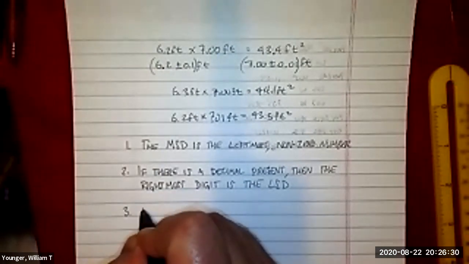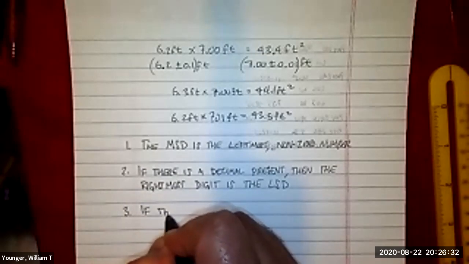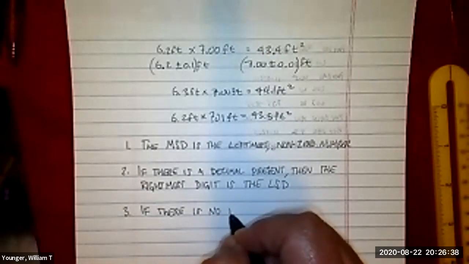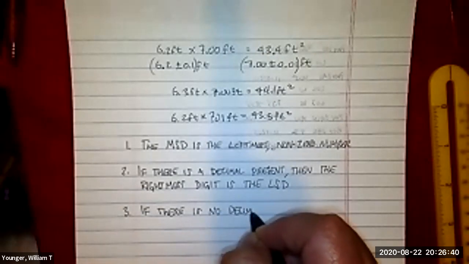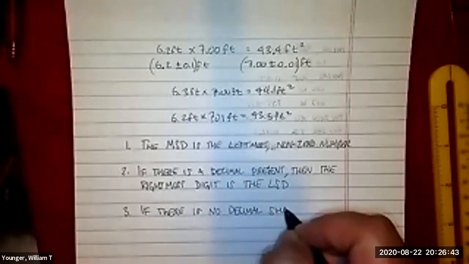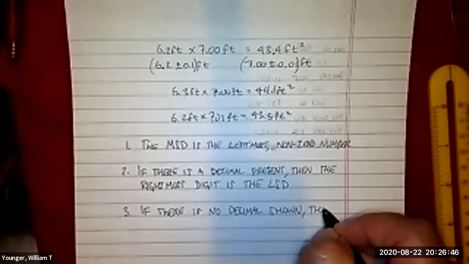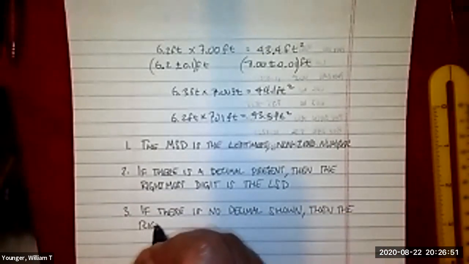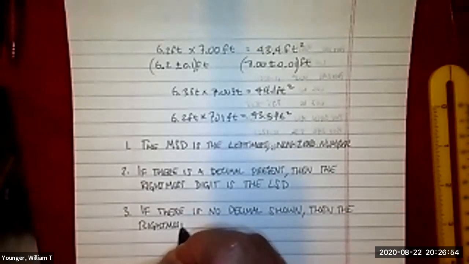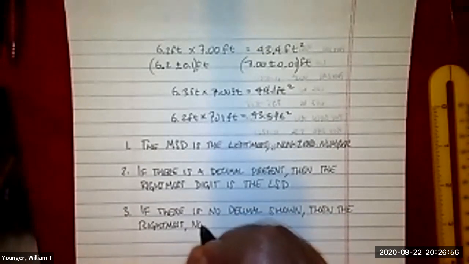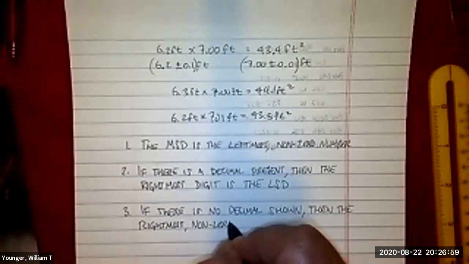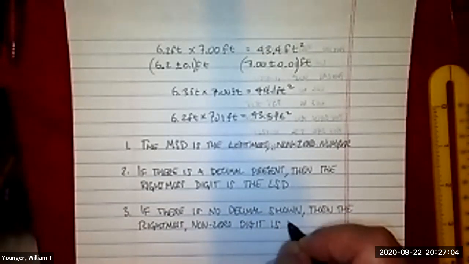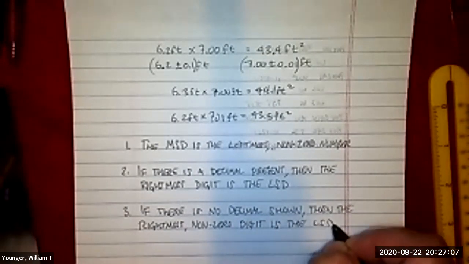Rule number 3: if there is no decimal shown, then the rightmost non-zero digit is the LSD.